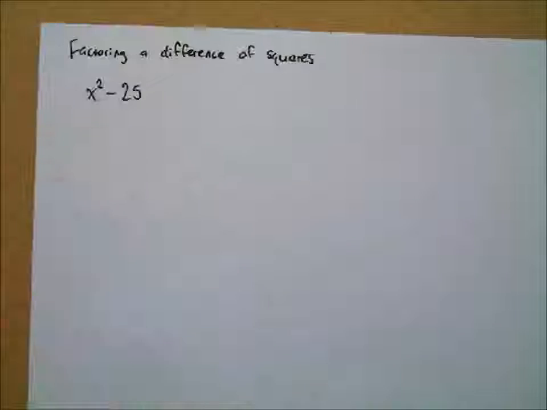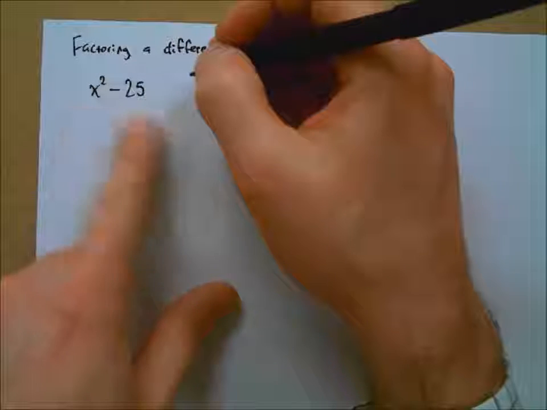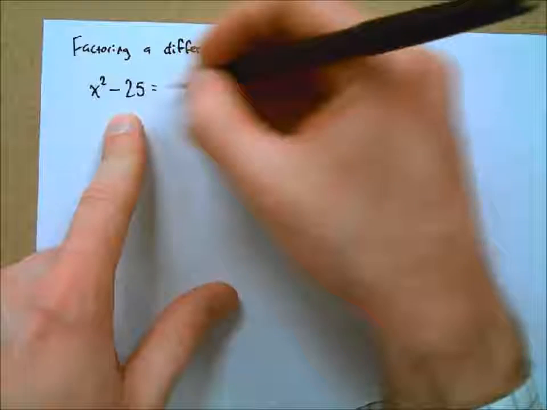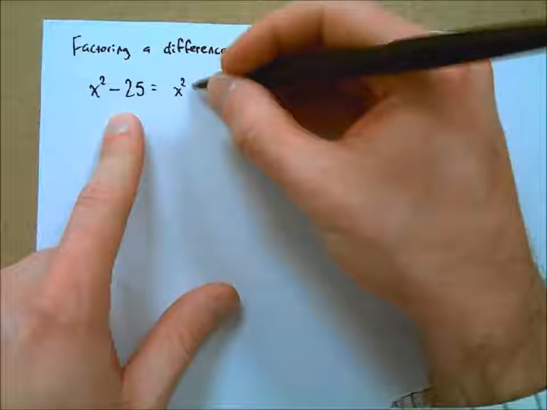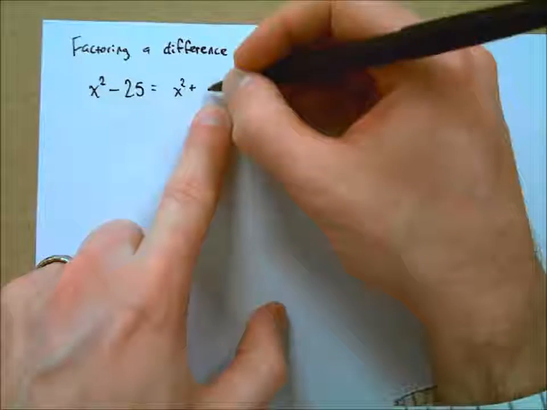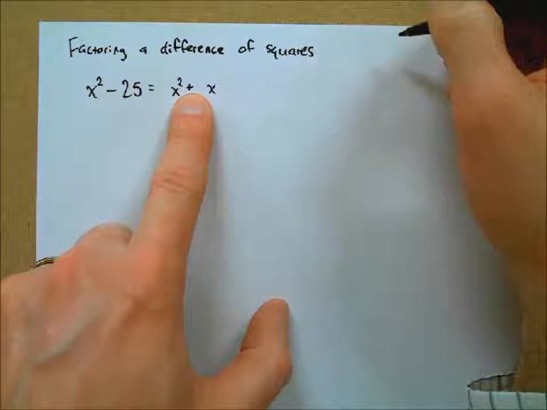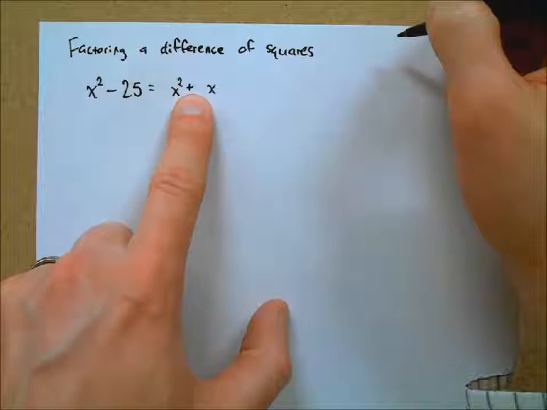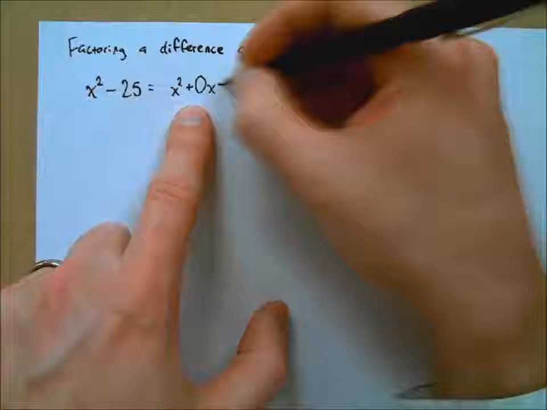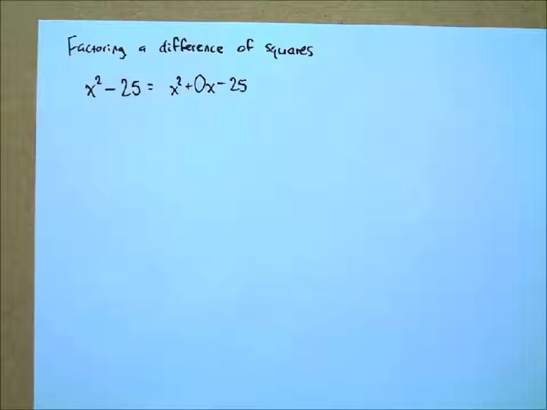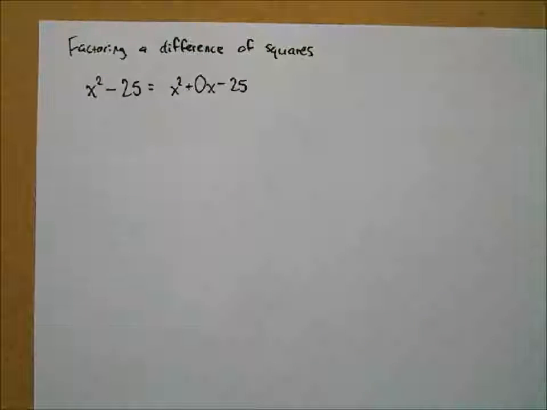You can learn a special rule for it if you want to, or you can just recognize that this is a quadratic of the form x squared plus, now there's no x term, so what number should I put in front of the x? 0. And then minus 25. So as soon as you realize that x squared minus 25 is really x squared plus 0x minus 25, it's a quadratic.